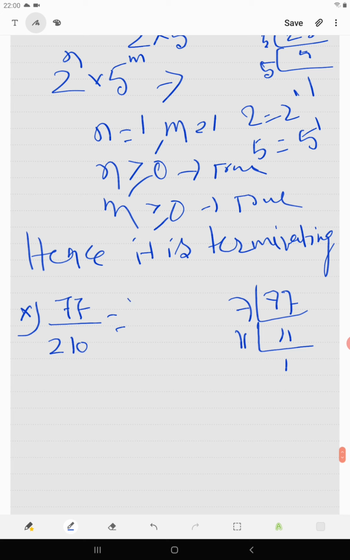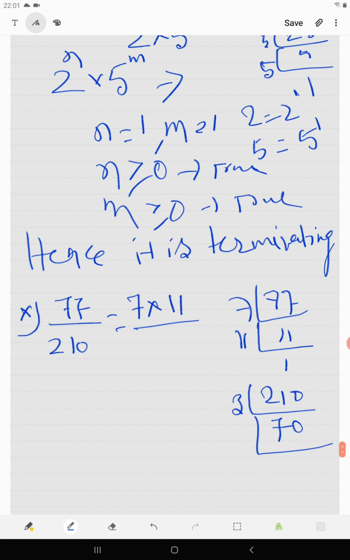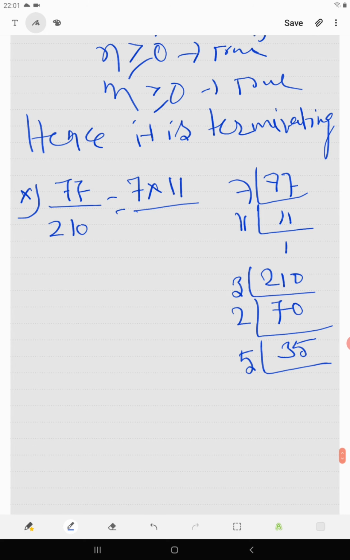So 77 can be written as 7 into 11, and 210 if you are doing LCM, then 3, 7, 21, 0, 2, 35, 5, 7, 7, 1. What we got? 2 into 3 into 5 into 7.